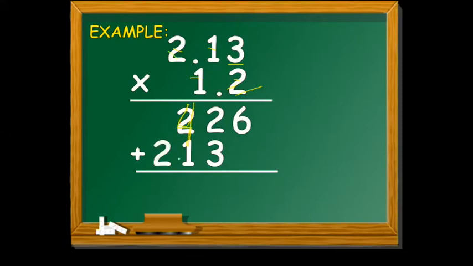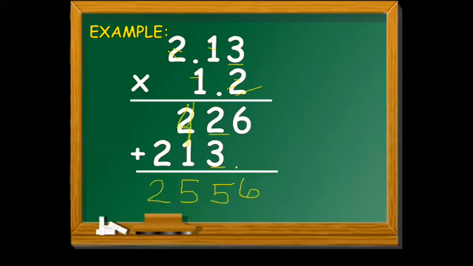Okay, and then after that, we will add. So it's going to be 6. Then 2 plus 3 becomes 5. And then 4 plus 1 equals 5. Ayan, and then bring down 2.